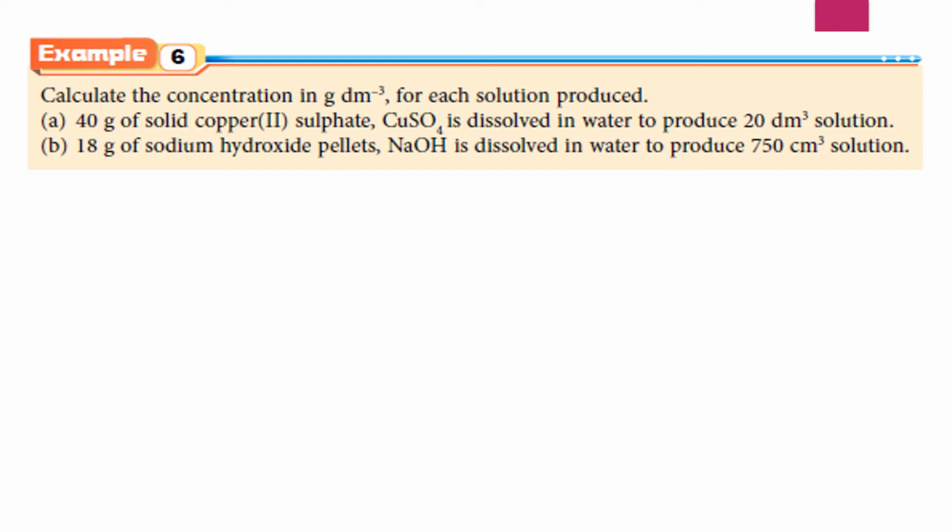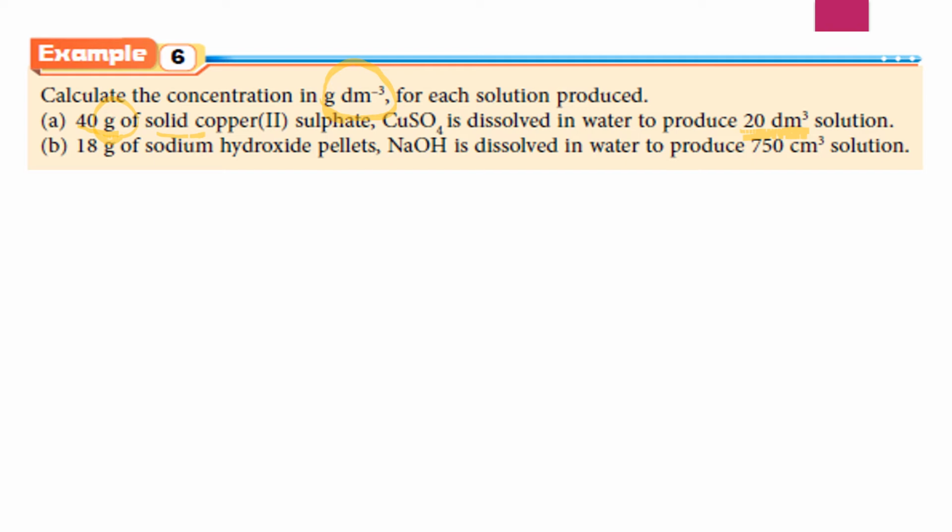Calculate the concentration in gram per cubic decimeter for each solution produced. So you have here 40 gram of solid copper(II) sulfate dissolved in water, and the volume is 20 decimeter cube of solution.